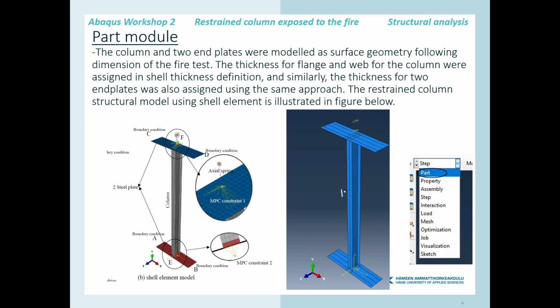So first we will make a part model for the column using shell structures, the surface geometry, and then we will also model the second part as the upper plate, the third part, and then similarly we have these discrete points, and we will also model them as different parts.